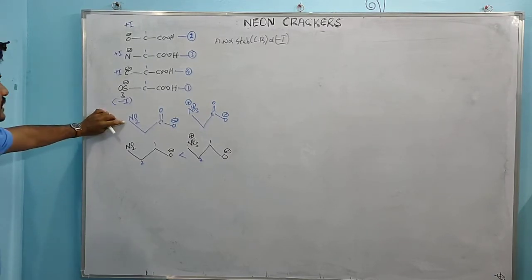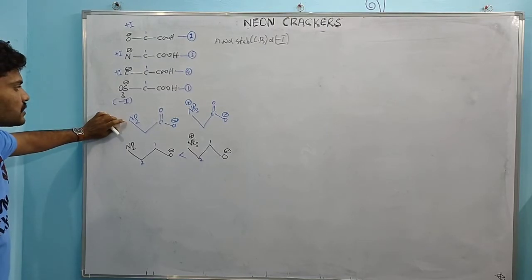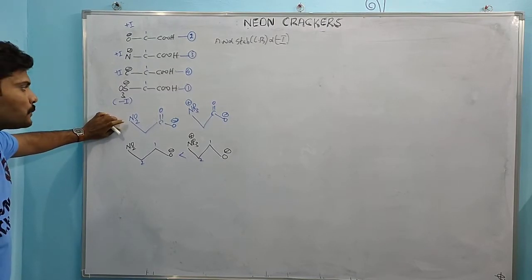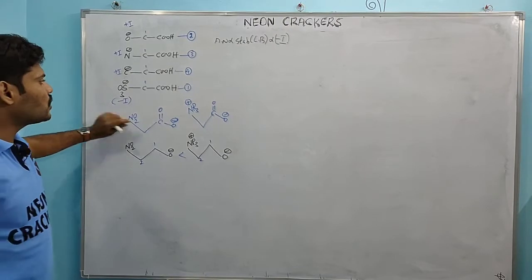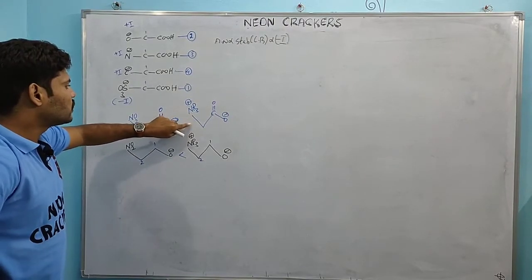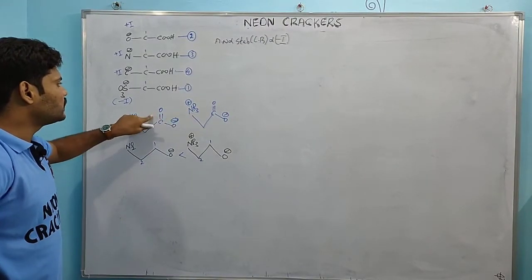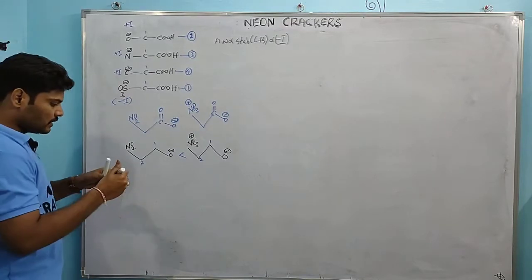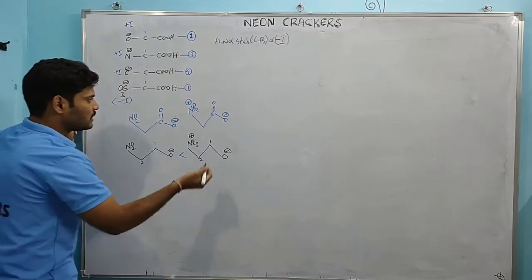So your first set is having the opposite direction. Acidic nature is not such that NR3 is greater than this one. Why? What is the reason? Let's see here now.